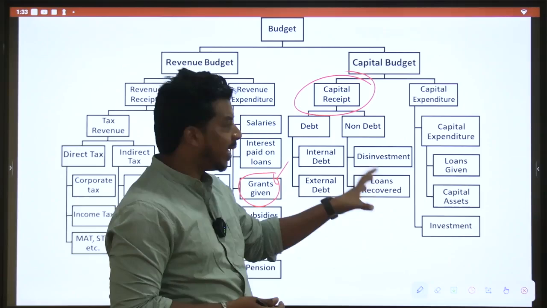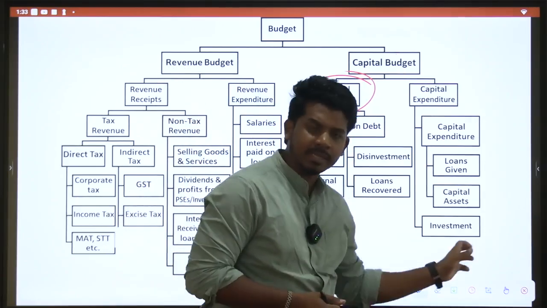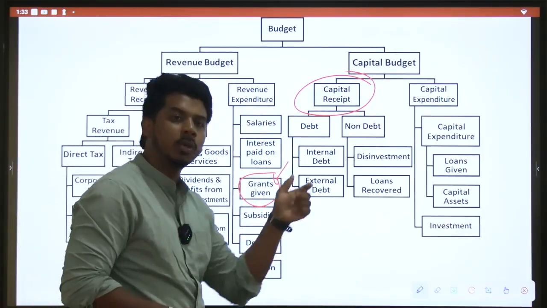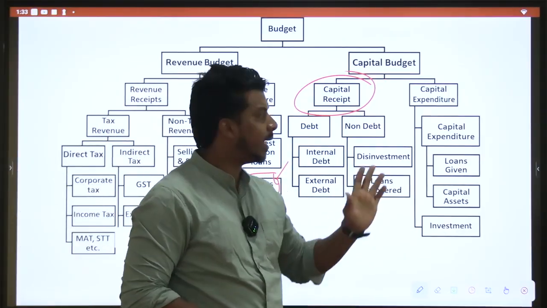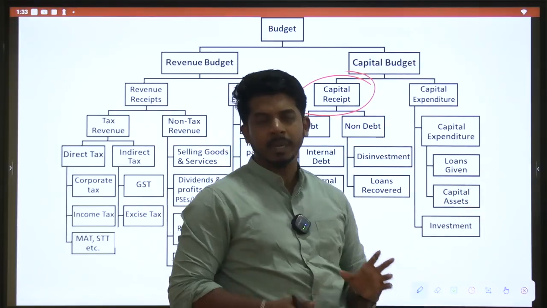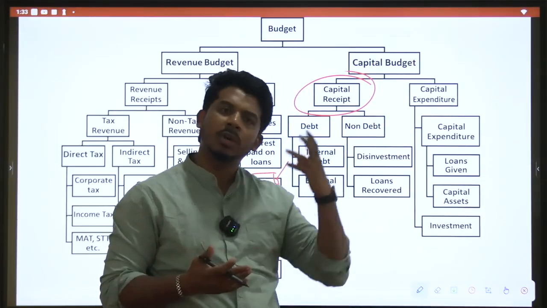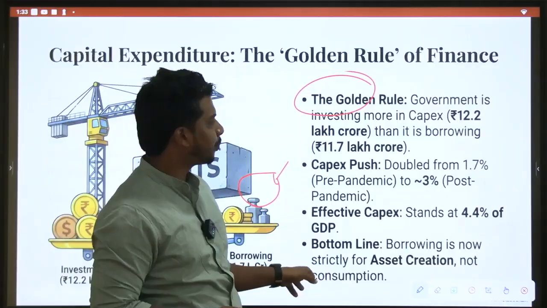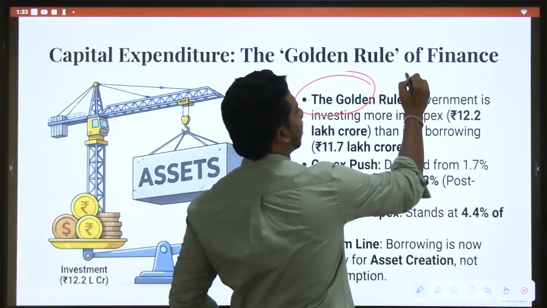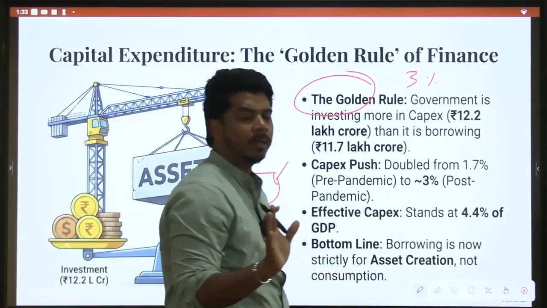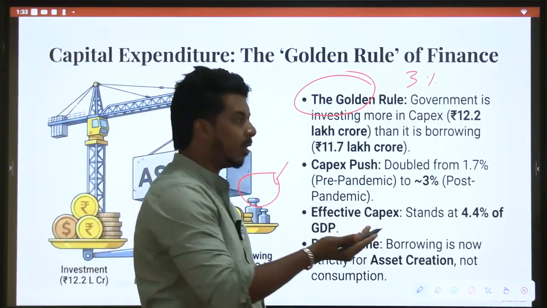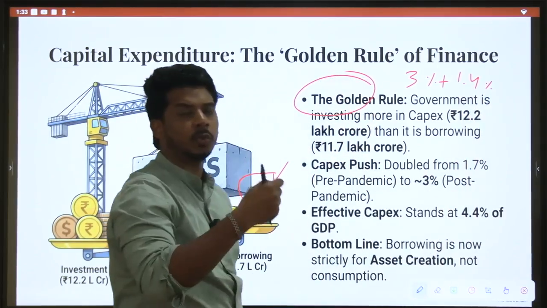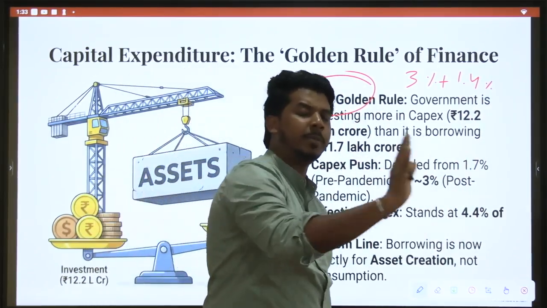So if I include the Union Government's capital expenditure and also the grants given by the Union Government to the states, it is the effective capital expenditure, because for all practical purposes both amounts are creating capital. Here you can see the Union Government of India directly spending 3% of GDP as capital expenditure, then giving 1.4% of GDP as grants to the states, which is capital expenditure for the states.